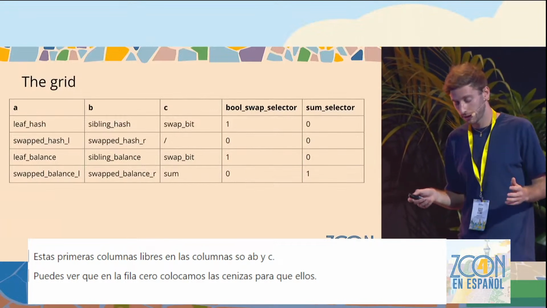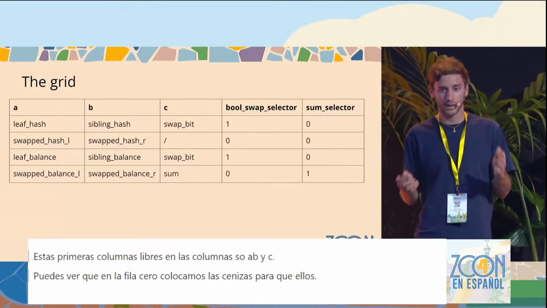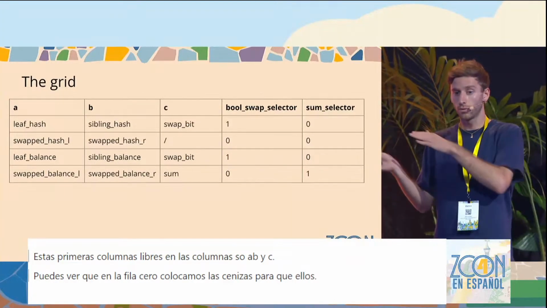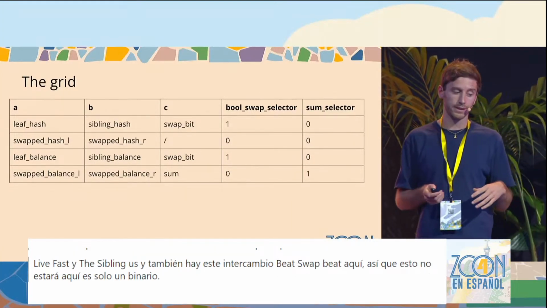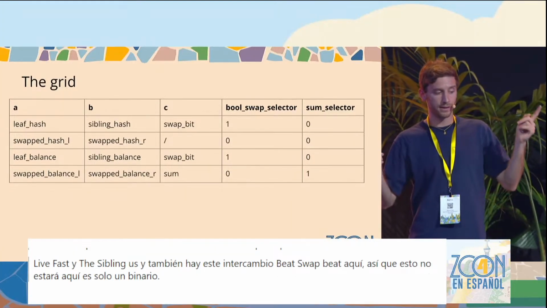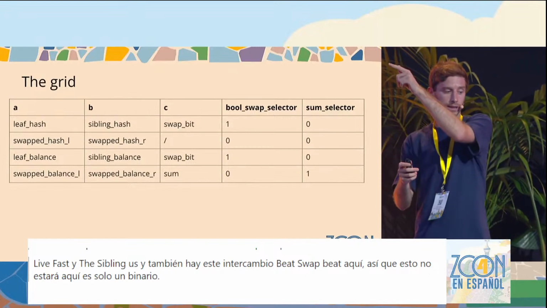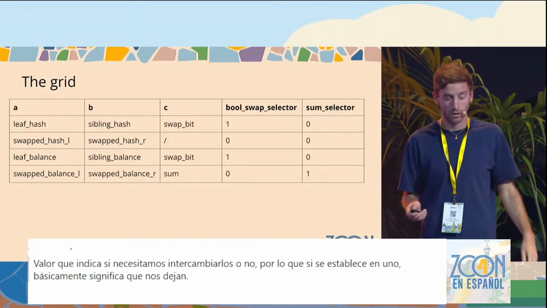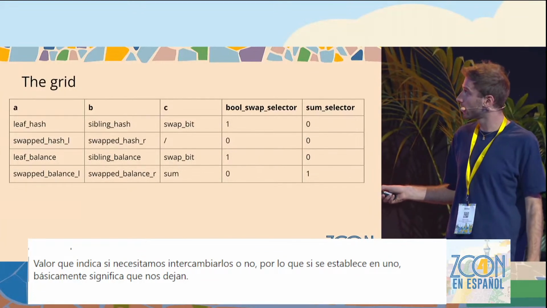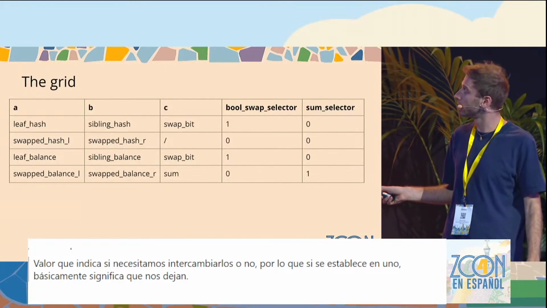The swap bit is just a binary value that indicates whether we need to swap them or not. If it's set to 1, it basically means that the leaf hash needs to be put on the right and the sibling hash on the left. Or if it's 0, we just copy it as it was from the previous row.